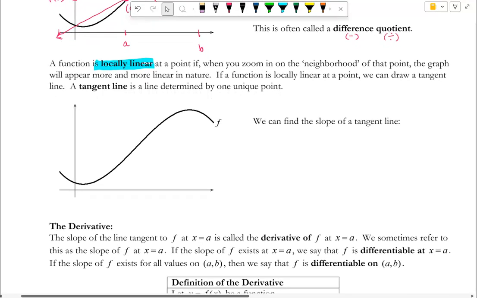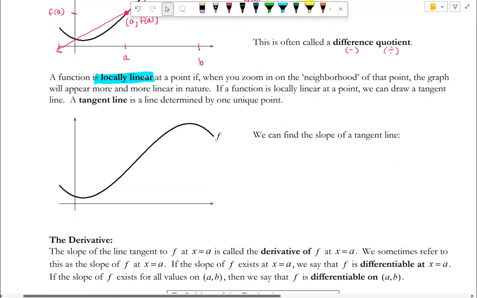So when a function is locally linear at a point, we can draw a tangent line, and a tangent line is determined by one unique point. So I'm going to redraw that point, and I'm going to say that this point occurs when x equals c. So our output would be f of c, and we could think of this ordered pair as c comma f of c.